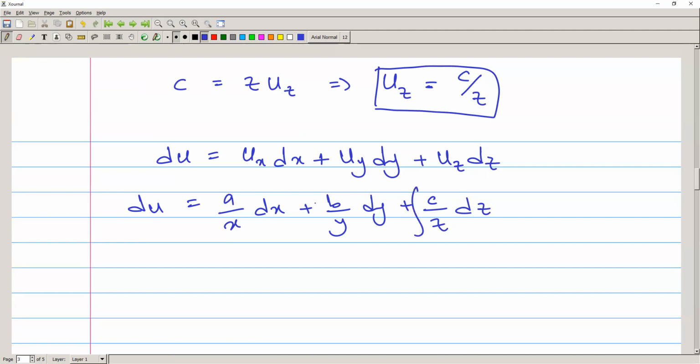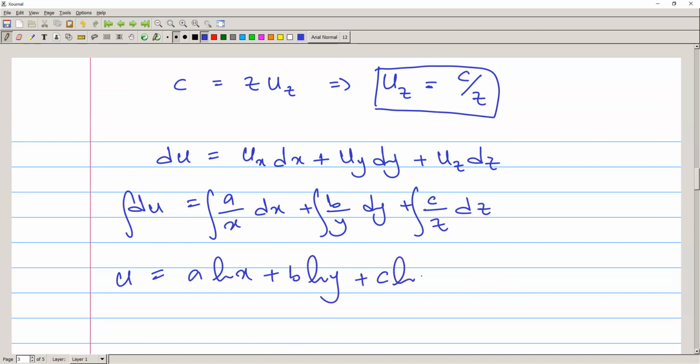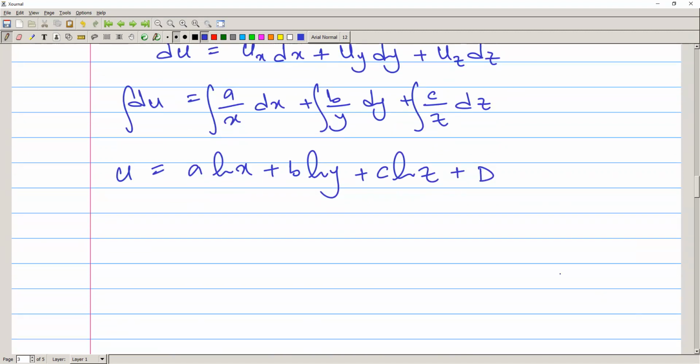So now all these are solvable, so we can write it as a log x plus b log y plus c log z plus d. Okay, it's fine if we don't write it as ln d. So u will be equal to ln x power a plus ln y power b plus ln z power c plus d.